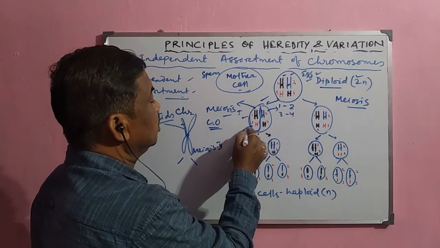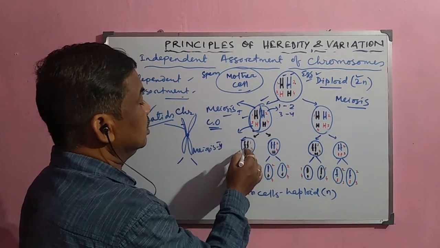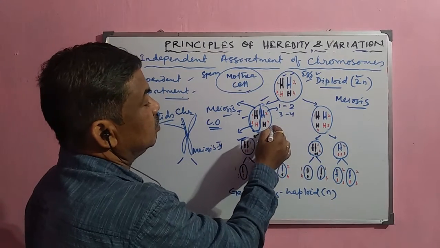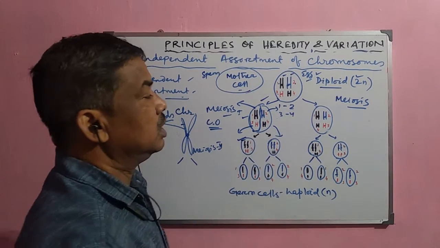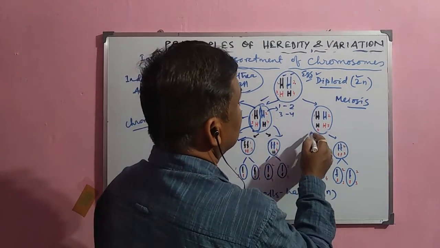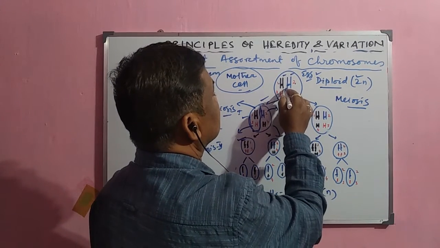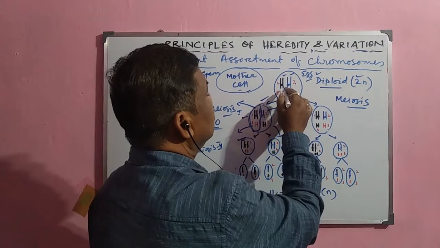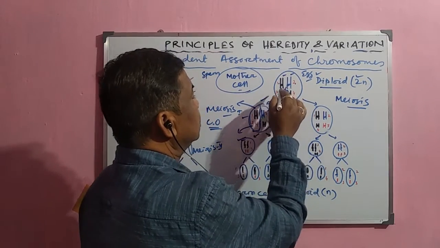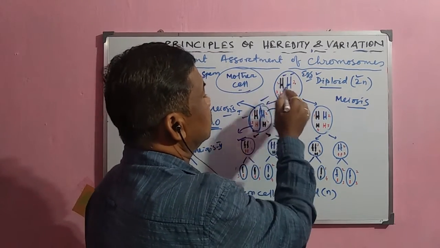So 1 and 3 come here, and 2 and 4 come here, and also here 1 and 4, look at here, this is the random separation. There is no link of this chromosome with this or this chromosome with this.